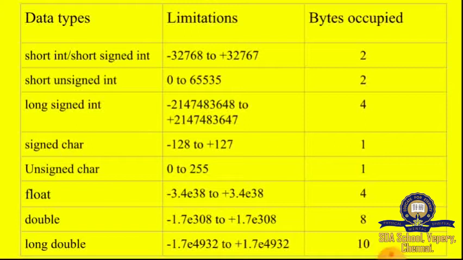Float: minus 3.4E38 to plus 3.4E38. The bytes occupied here is 4. Double: minus 1.7E308 to plus 1.7E308.